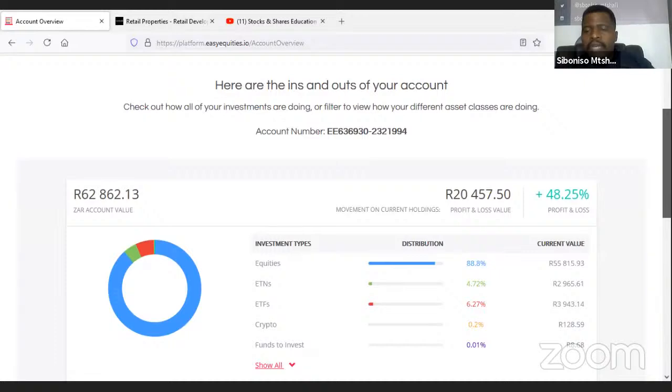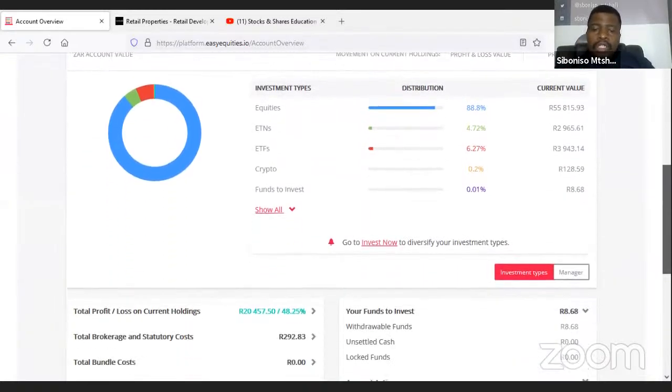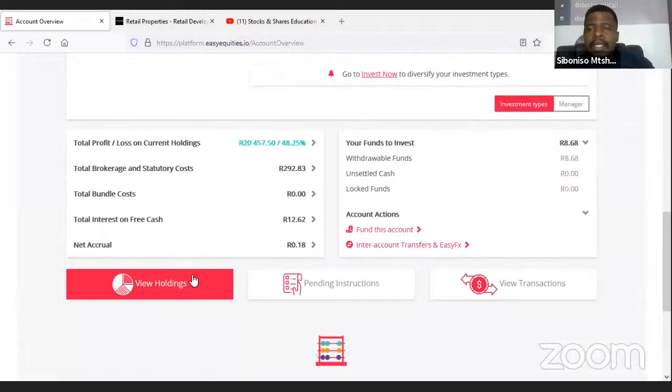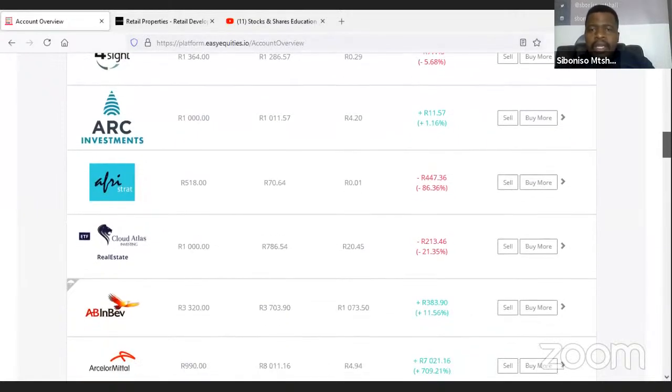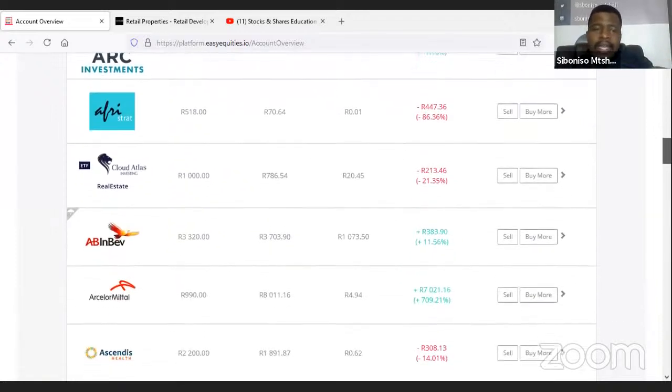This portfolio of mine is up at least 48% for now. Not very bad. And then you can go to your holdings and see which ones are doing well and which ones are not so well. As you can see, others are red, not yet performing as I like.